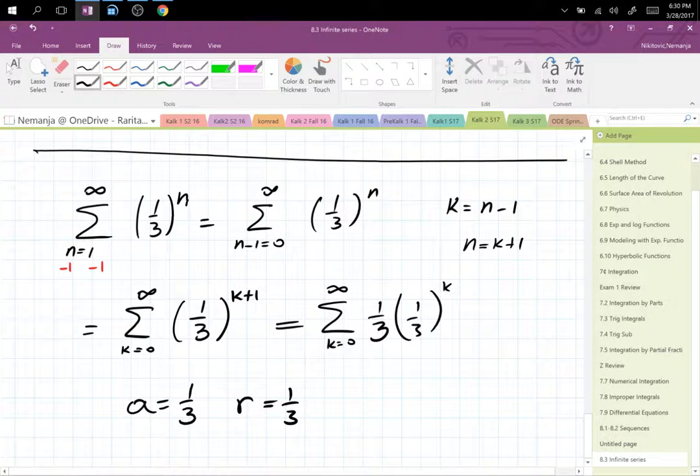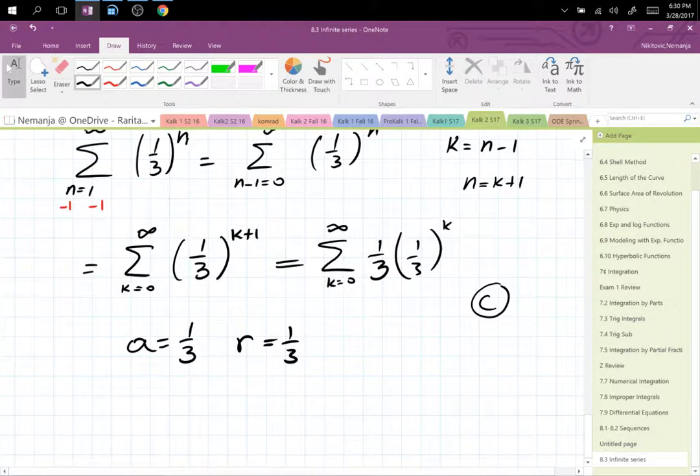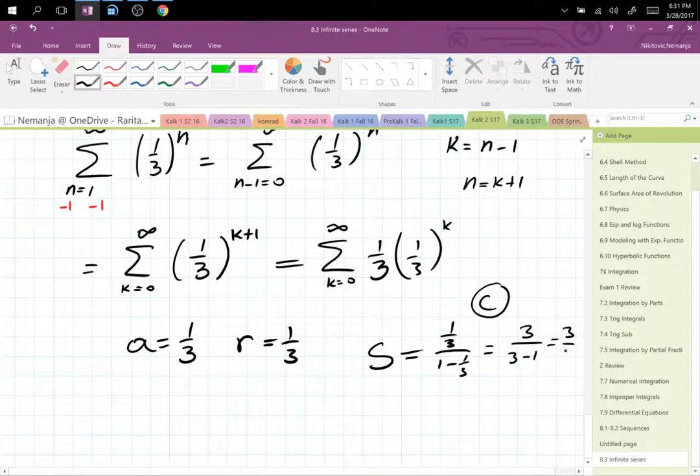Well, it clearly converges, right? Because 1/3 is less than 1. And I have the summation to be 1/3 divided by 1 minus 1/3. So that's going to be times 3, so that's 3 over 3 minus 1, so 3/2.